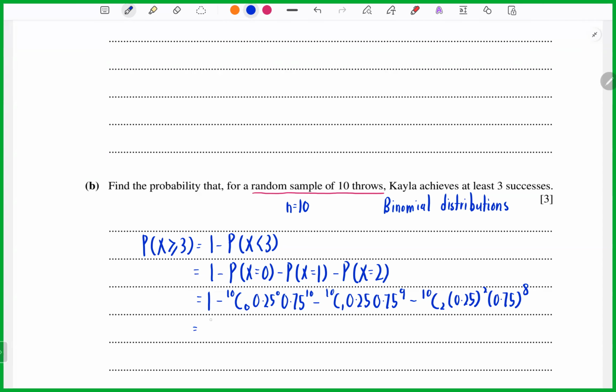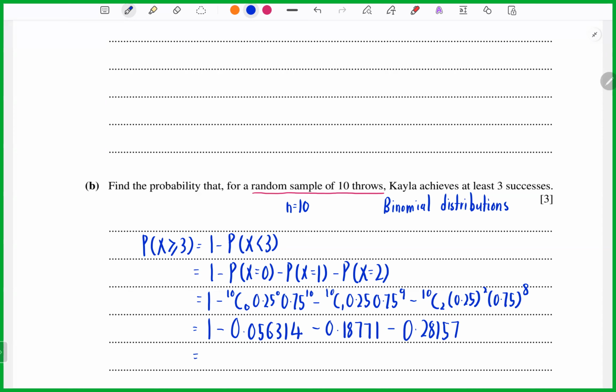Okay, so we start to calculate the values. 0.75 power 10, you will get 0.056314, minus 0.18771, minus 0.28157.